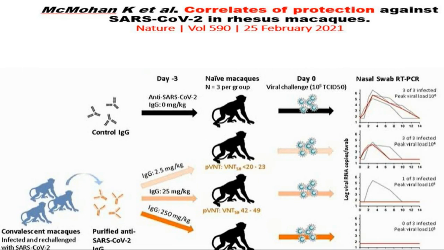An experiment was reported by McMahon indicating that when purified antibodies against SARS-CoV-2 were injected into groups of animals, and then they were subsequently challenged with the virus, only the animals which had got 250 milligrams per kg body weight of purified antibodies were fully protected.